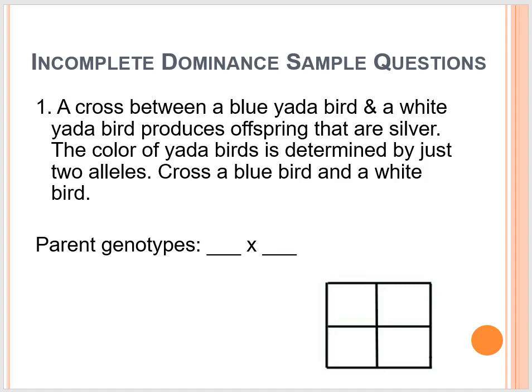When that cross happens, we get a silver. Silver in genetic terms is a form of blue. It's like gray is a form of black, pink is a form of red, silver is a form of blue. It says cross a blue with a white.